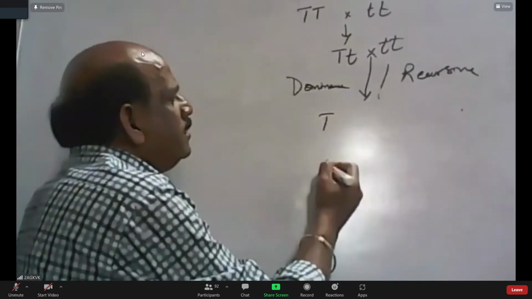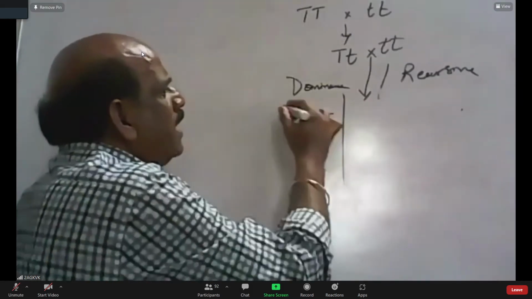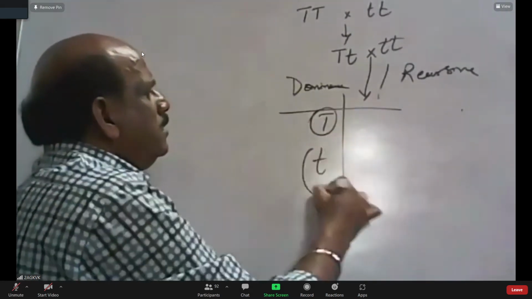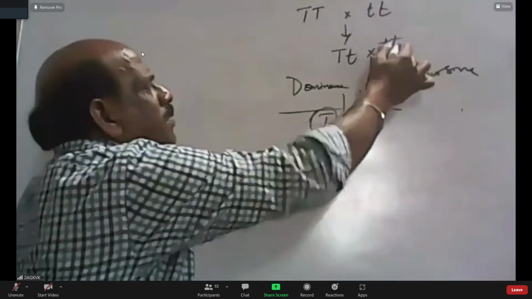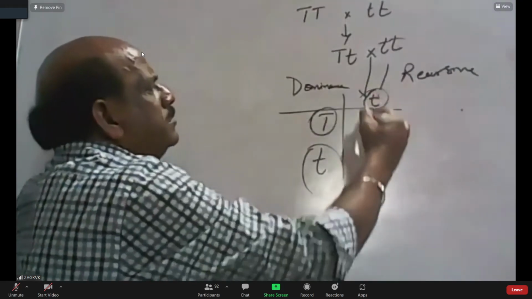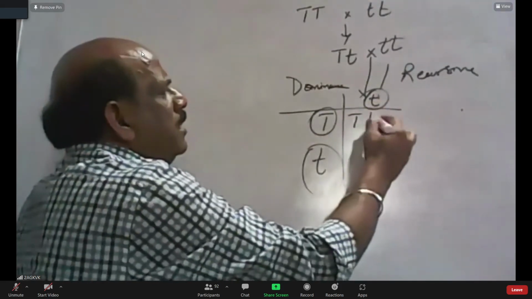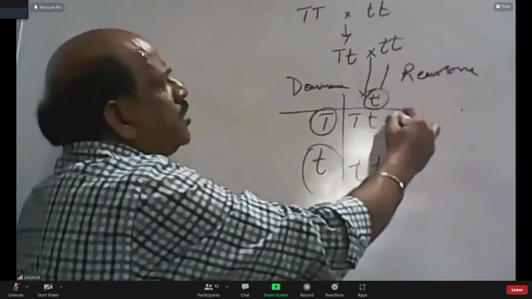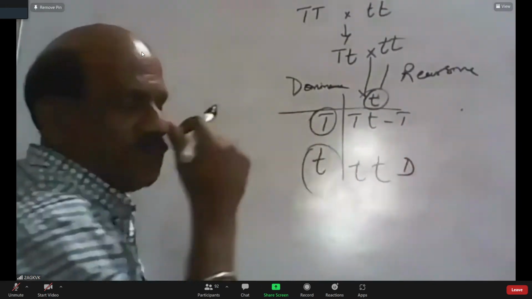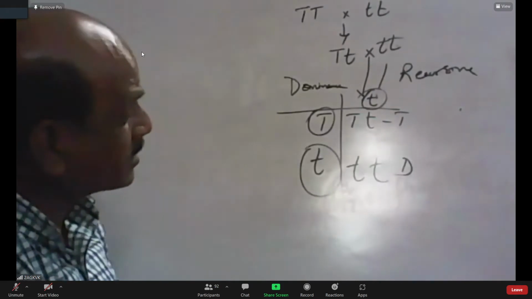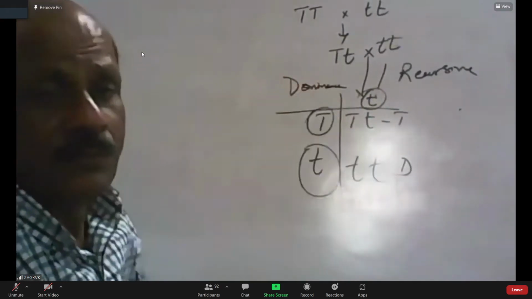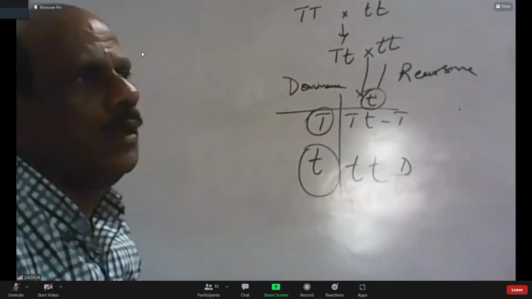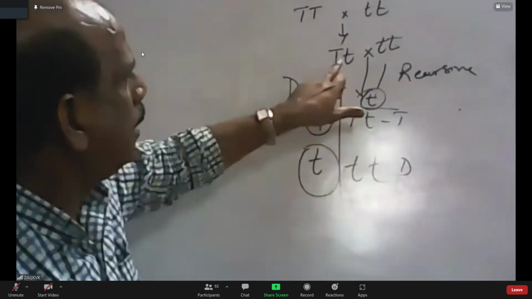See here? The F1 produces two kinds of gametes. The dwarf plant produces only one kind of gamete. If they unite, this is tall, this is dwarf. So this is the test cross progeny.